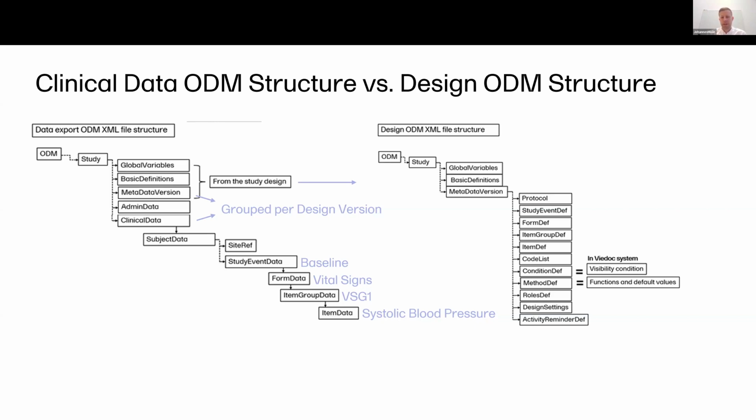What's different here is that you will have, let's say, the study event definitions, where you have all the study events defined, but none of the forms. And then in the next section, you define all the forms. And the section after that, you define all the item groups and so on. So it's completely different to the structure with the clinical data.